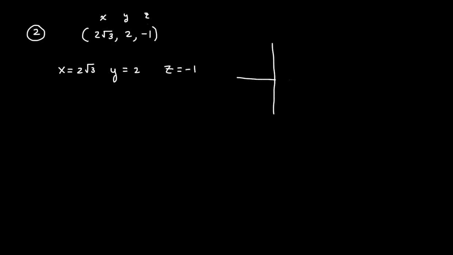Now if we draw the Cartesian plane, the positive z-axis is coming out at you, and this is our traditional setup. So we go over a positive 2 radical 3 units, and then we go up a positive 2 units, which gives us here, and then we actually go into the computer screen -1 units.